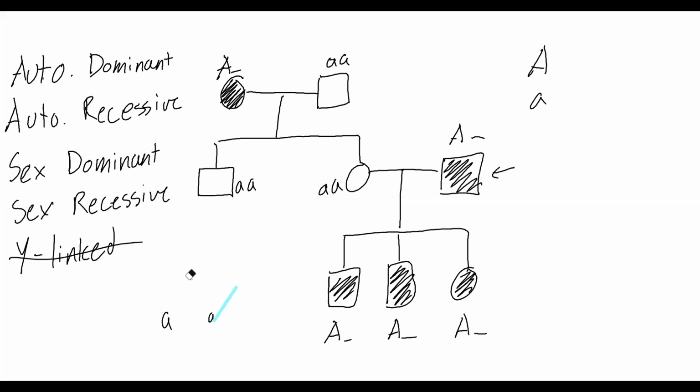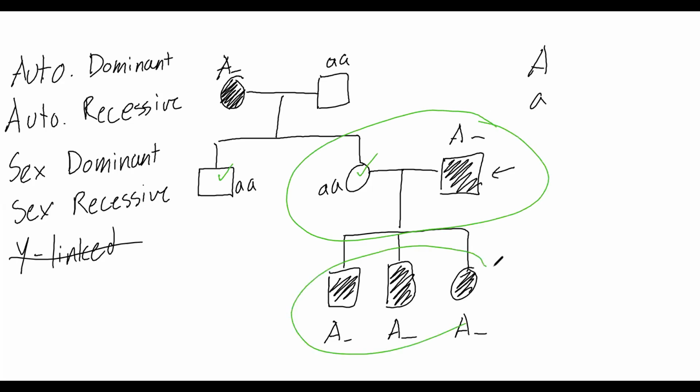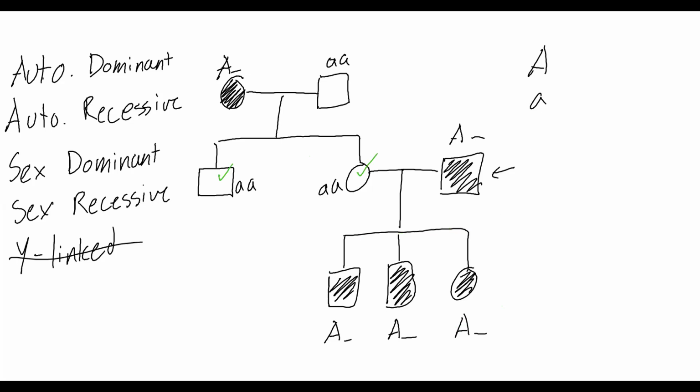So let me do this in green. This child is good and this child is good. So now let's look at the other one, right? Can these two parents here have these three types of children? So now let's test it out.